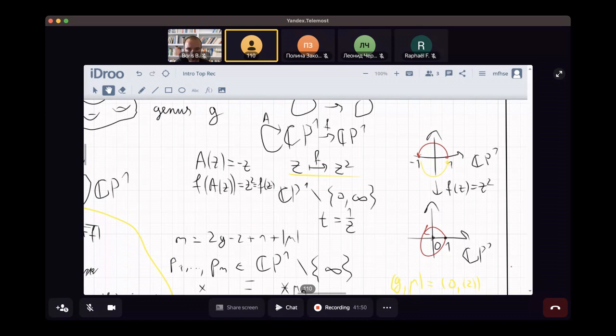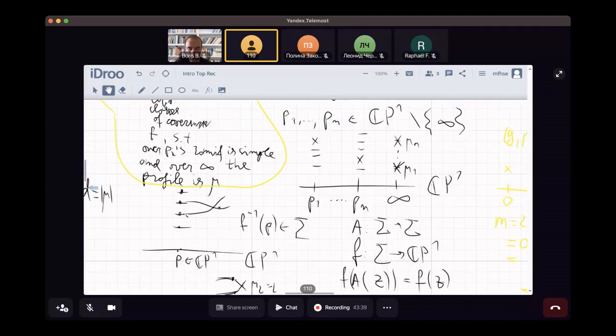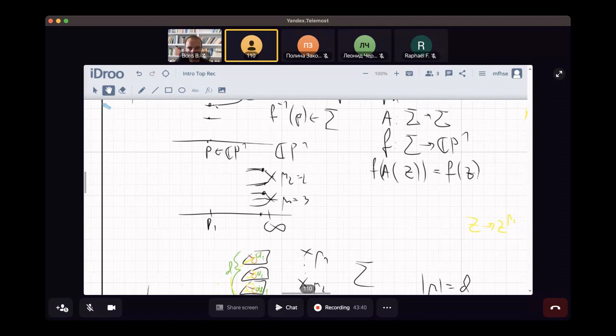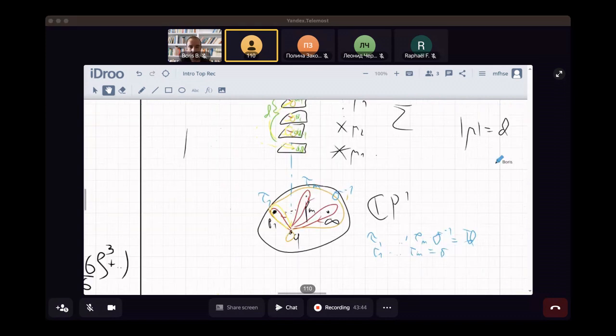So now what remains is to extend this logic to the general case. In this bottommost picture, last week we discussed the relation between the covering and the combinatorial picture, right?